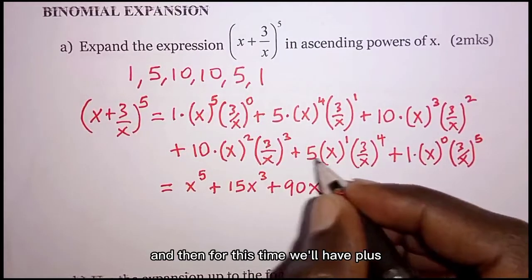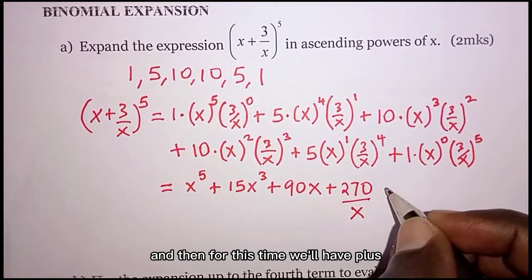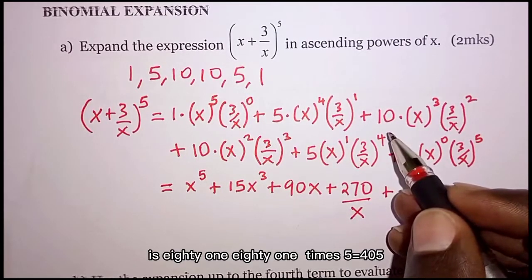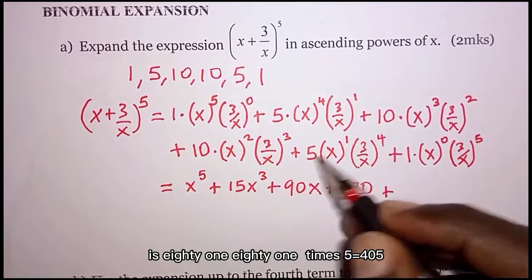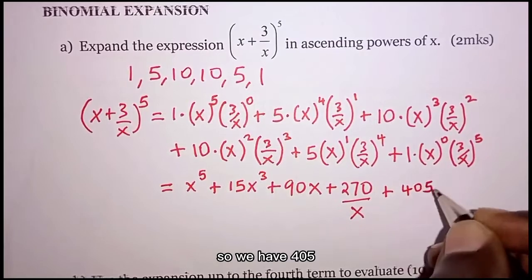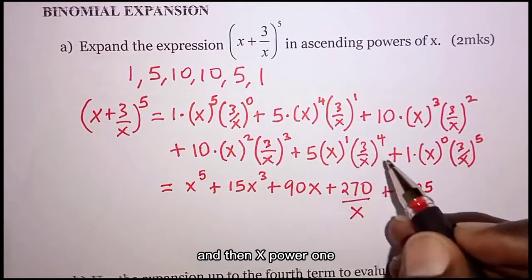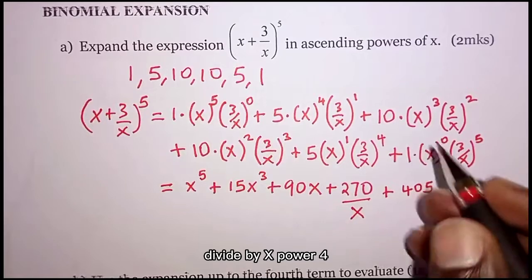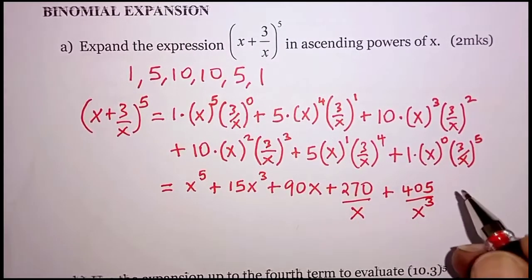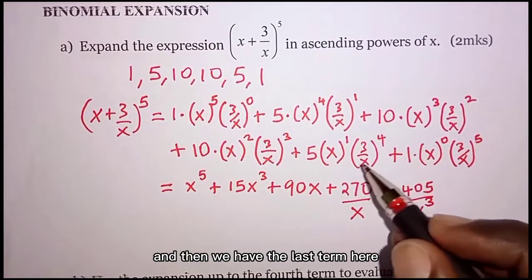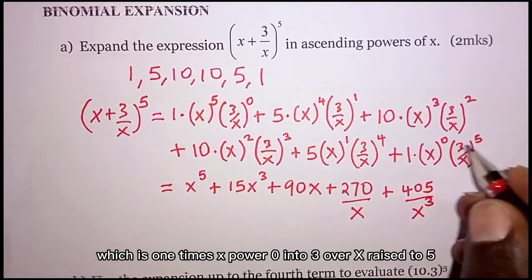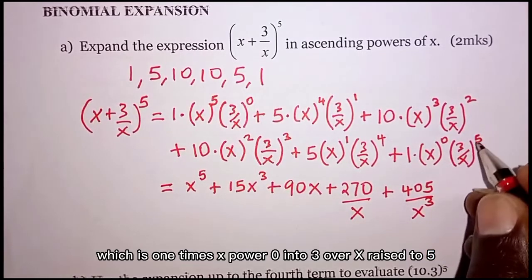And then for this term, we will have plus 5 times 3^4, which is 81. 81 times 5 is 405. So we have 405, and then x^1 divided by x^4. So we'll have all over x^3. And then we have the last term here, which is 1 times x^0 times (3/x)^5.